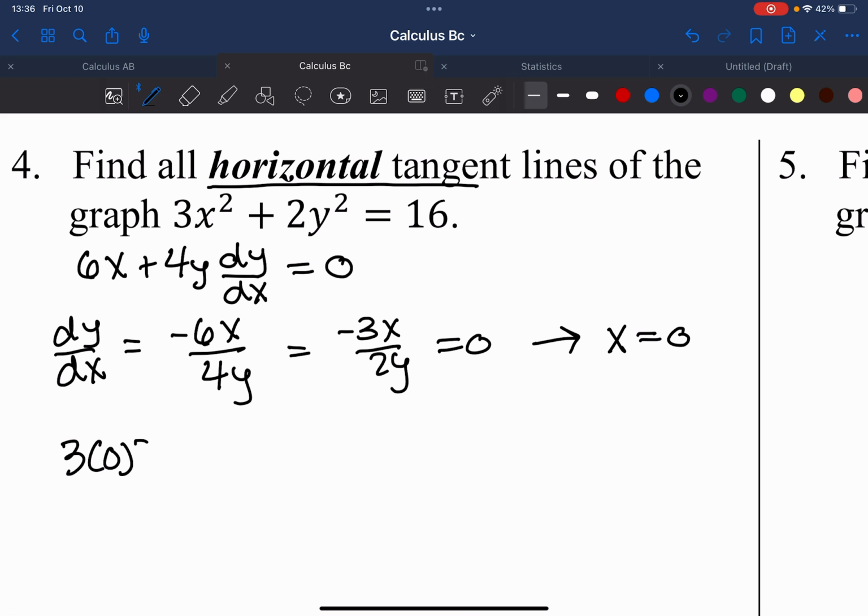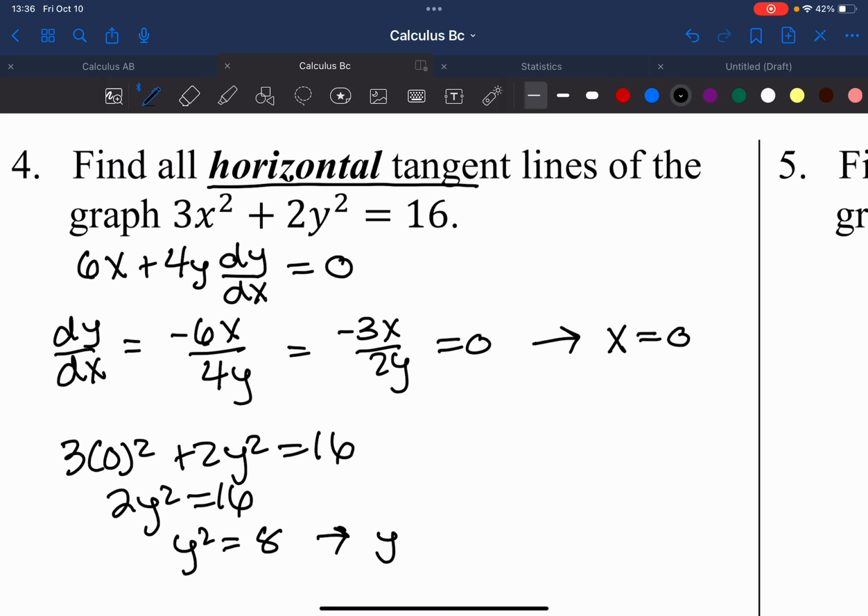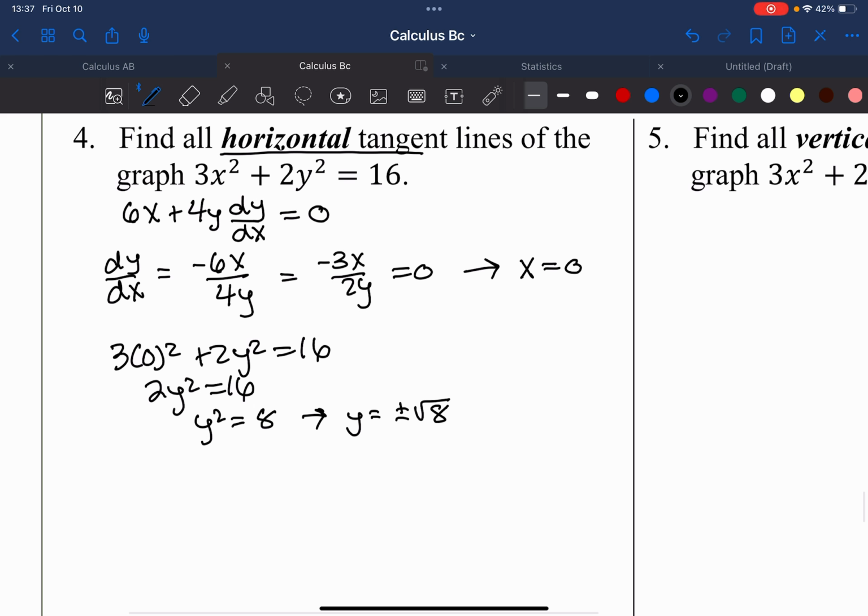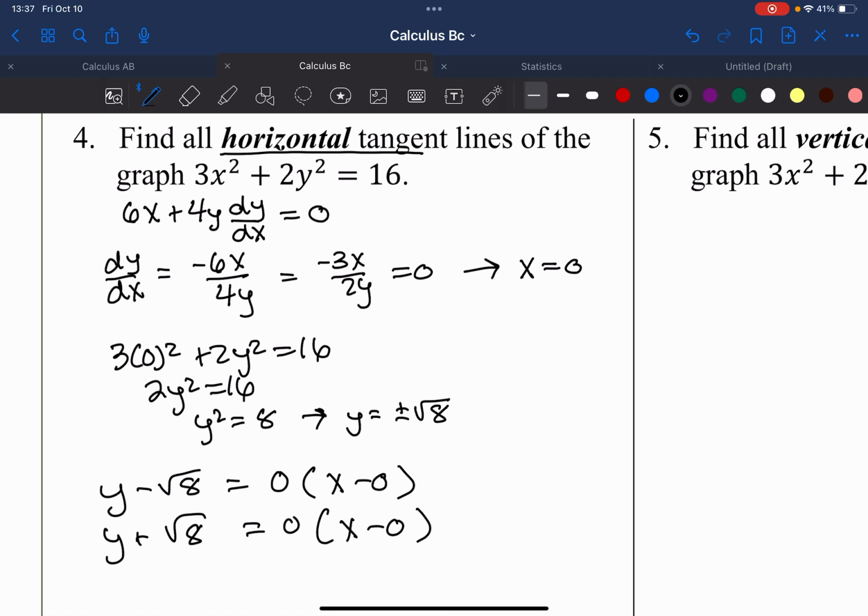So 3 times 0 squared plus 2y squared equals 16 means that 2y squared equals 16, y squared equals 8, which means that y is equal to plus or minus the square root of 8, which means my tangent lines are going to be y minus the square root of 8 is equal to 0 times x minus 0, and y plus the square root of 8 is equal to 0 times x minus 0 for my two horizontal tangent lines.